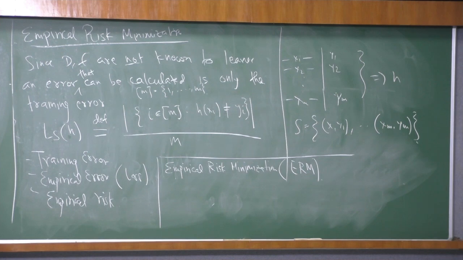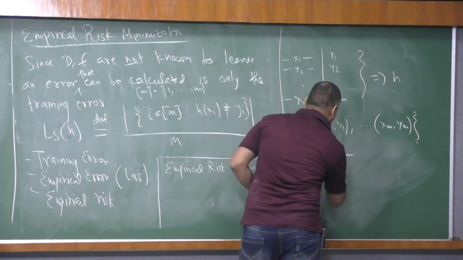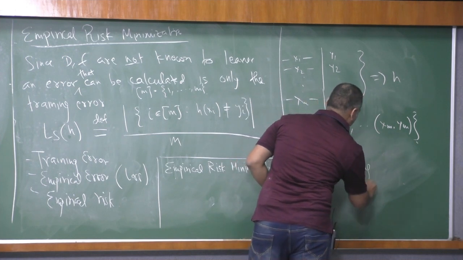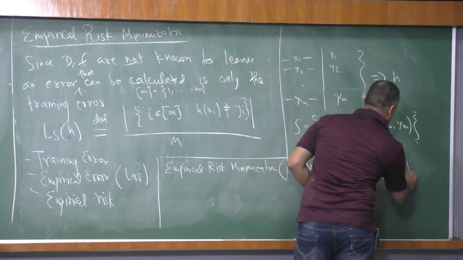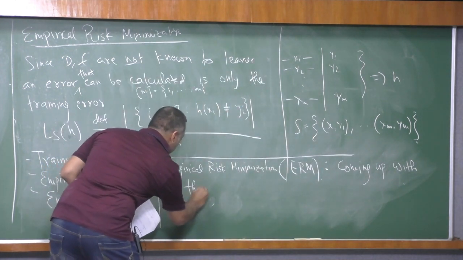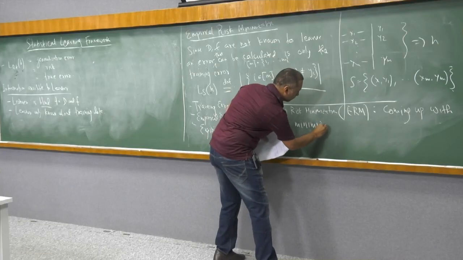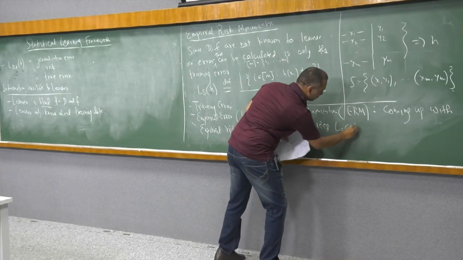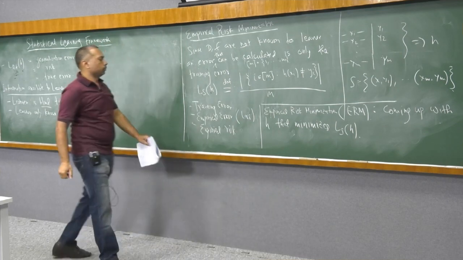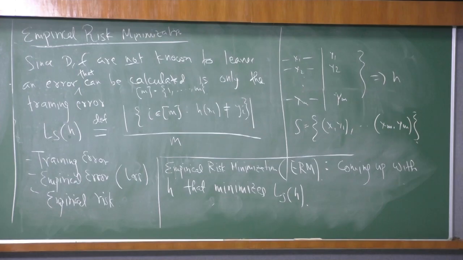This means coming up with H, the prediction rule H that minimizes LS of H, the empirical risk. Okay, training error, empirical error, these are the same terms.